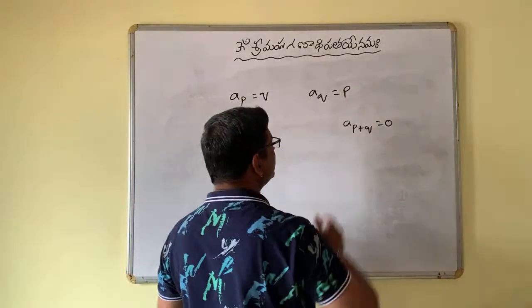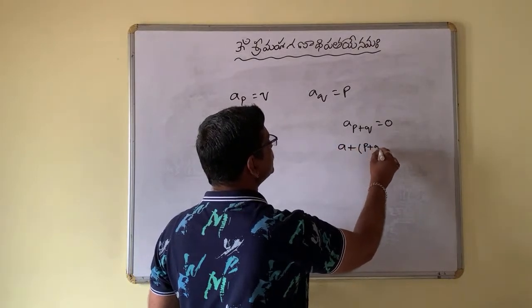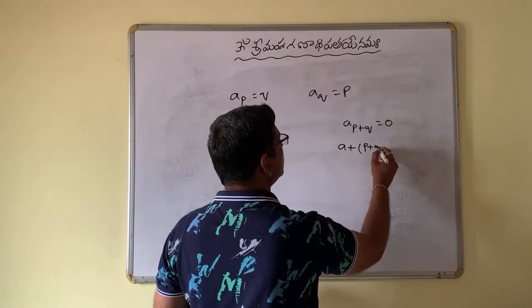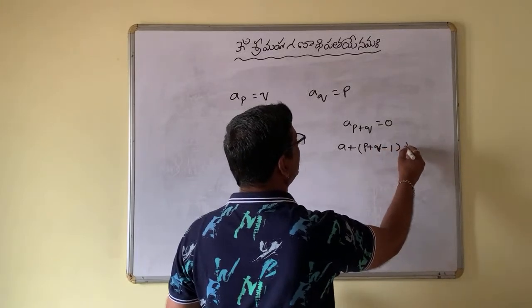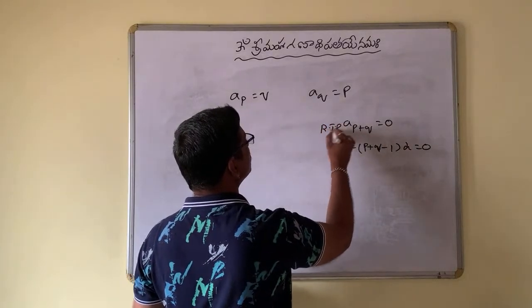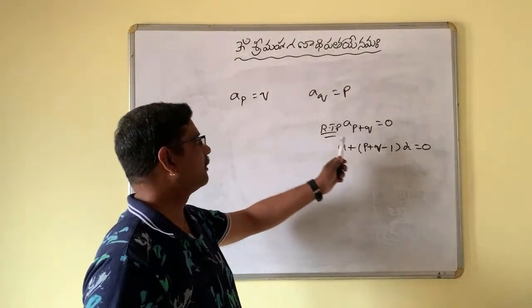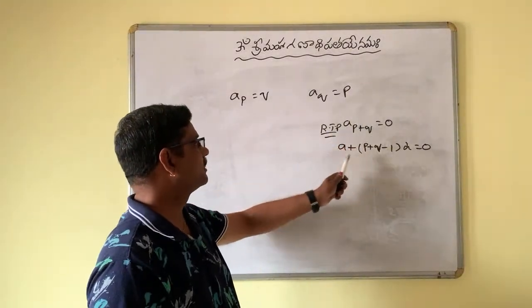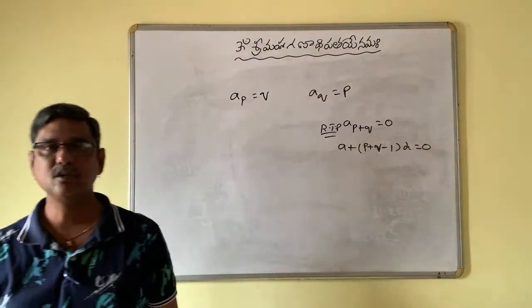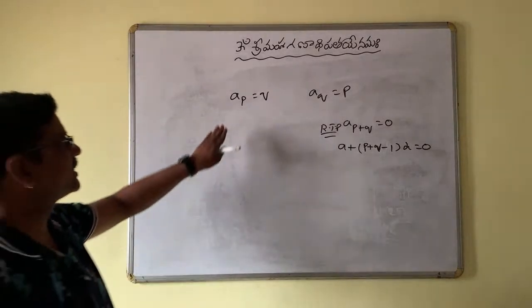The (P plus Q)th term is nothing but A plus (P plus Q minus 1) into D, which is equal to 0. This is required to prove. What is given?